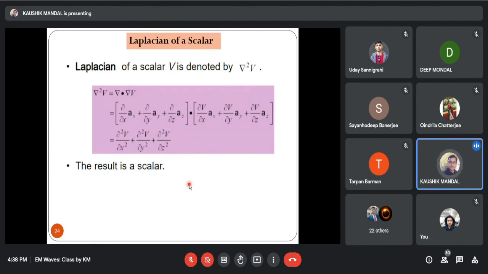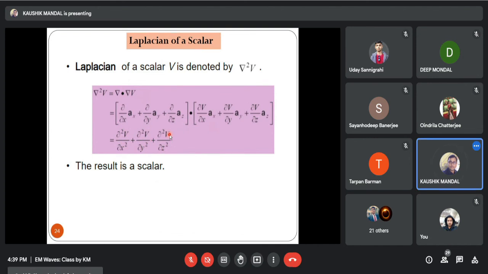Now this is also another important parameter, or you can say the operator, that is the Laplacian operator, Laplacian of a scalar quantity V. That is known as the Laplacian operator del square V. You can write it in the Cartesian coordinate system as the divergence of grad V. So if you find the dot product between these two, you can easily write this equation as del 2 V by del x square, del 2 V by del y square, del 2 V by del z square.